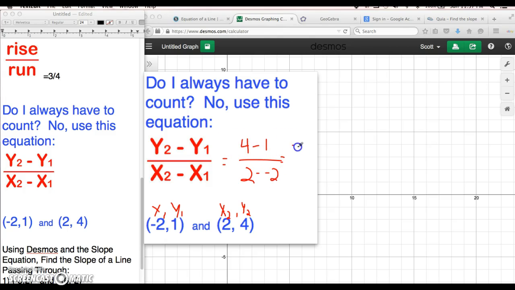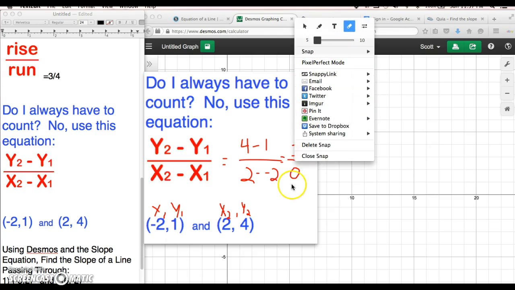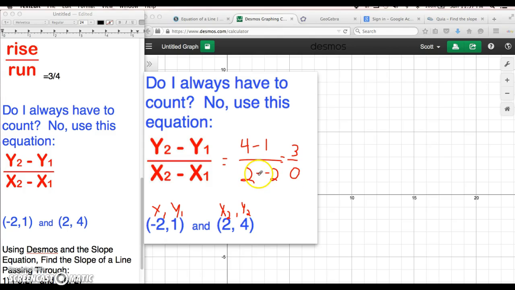4 minus 1 we know is 3. 2 minus -2 is 0. Where did I go wrong? That's right, if you caught that, you are paying attention and you are remembering your negatives. When you subtract the negative, that's the same as adding.